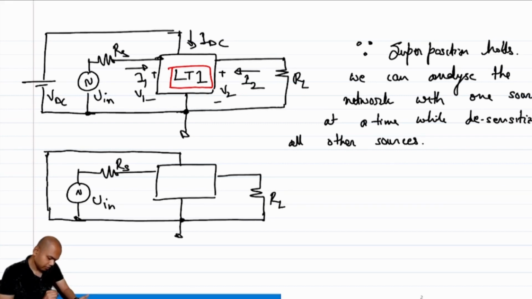This is Vin, and this is, let's say, V2 under the case of VDC equal to 0. Let's further assume that Vin is a sinusoidal signal.